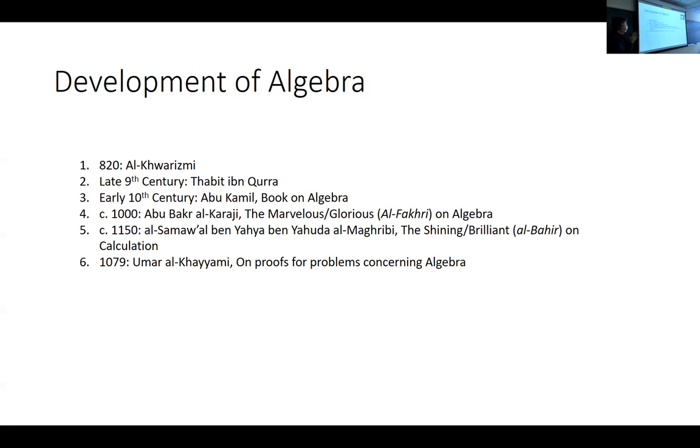and then we went to Thabit ibn Qurra in the late 9th century. So in the next generation, he continued the work. He basically redid Al-Khwarizmi's work, but he put things in more general terms.